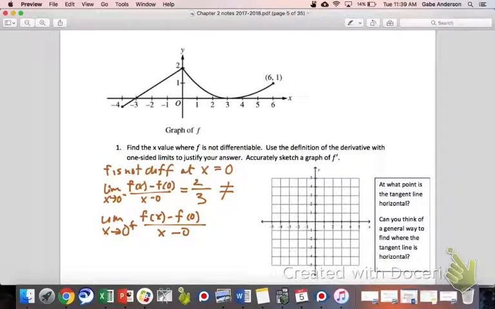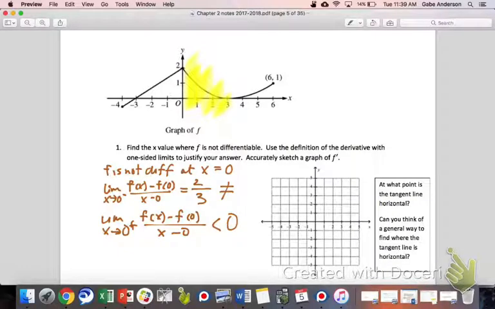We can't really say 2/3, but can't we say what Jake just said? Isn't it pretty clearly negative? On this whole interval, right to about there, it's pretty clear that f prime is negative on that whole stretch. And so a negative number could never be equal to 2/3, could it?